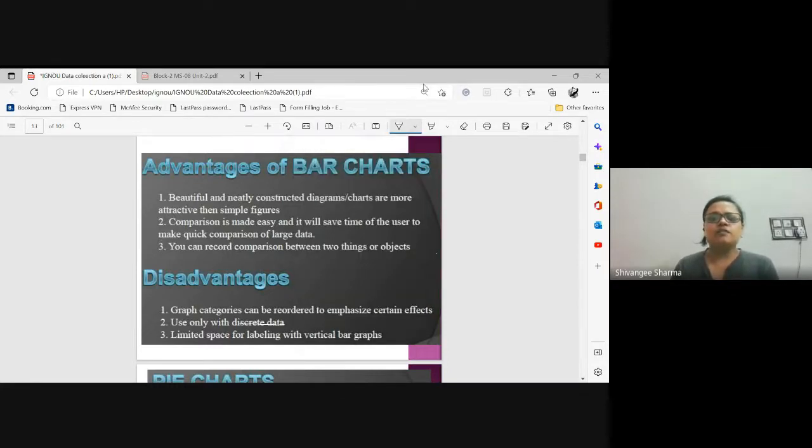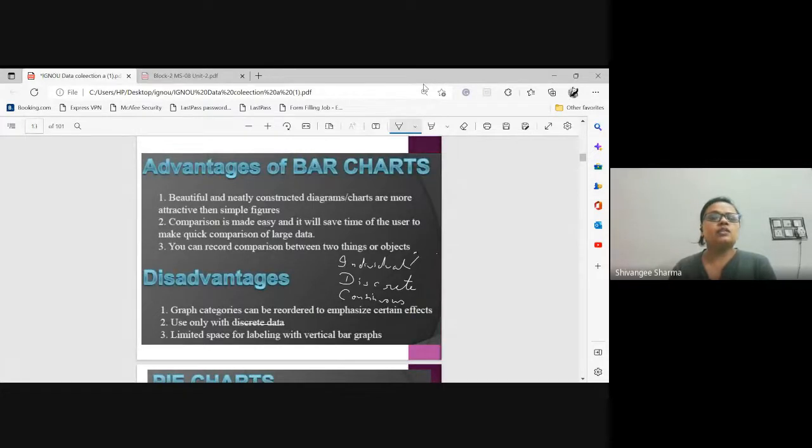The first one, we have individual data set in which we use individual series. The second is discrete data set in which we use discrete series. And the last one is your continuous data set.